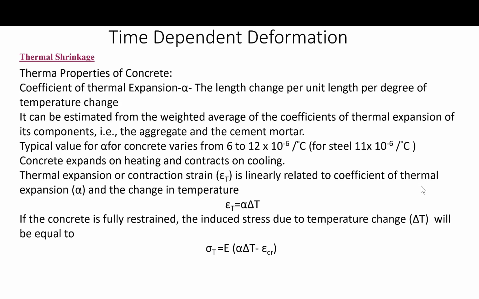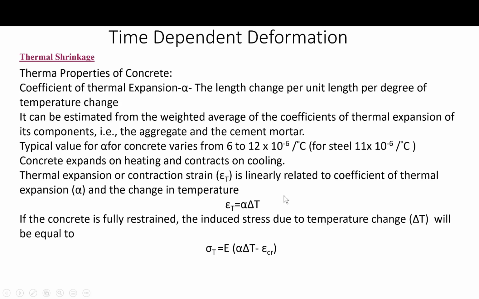The thermal expansion or contraction strain, epsilon sub t here, is linearly related to the coefficient of thermal expansion, alpha, and the change in temperature as well. Okay, as you can see, it is related by this relationship right here, which is alpha times change in temperature.